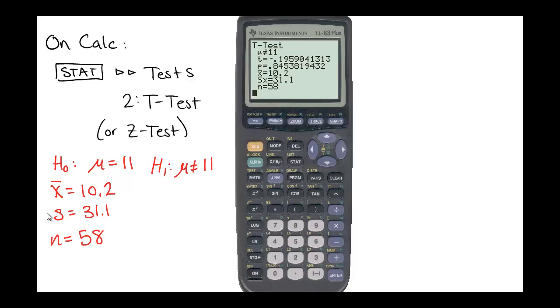It gives us that test statistic. This should be at least close to what we computed before. And then here is the p-value. The actual p-value, again, represents essentially the probability that our null hypothesis is true. Our p-value is 0.8454 if I round to 4 decimal places.